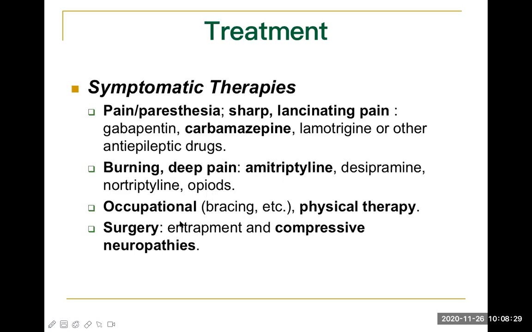We can go for certain occupational therapy like brushing, or physical therapy. These are done according to what deformity the patient is having. In some types of hereditary neuropathy, or badly affected neuropathy, the muscles will be paralyzed and weaker, and there will be a lot of deformity development. So these therapies are done in that regard. Surgery is especially done in carpal tunnel syndrome.